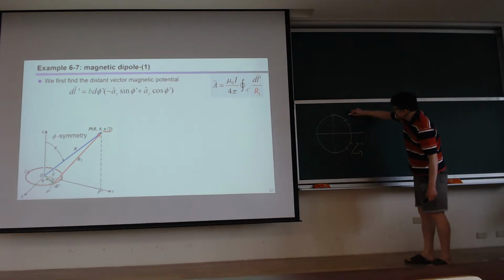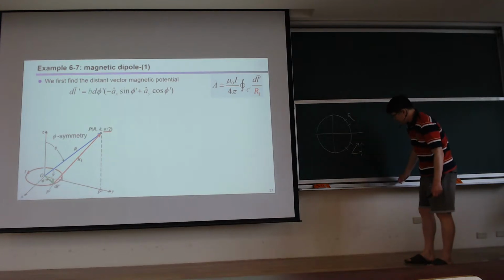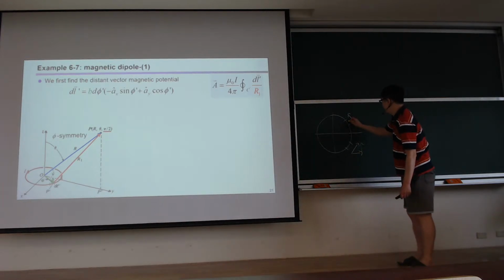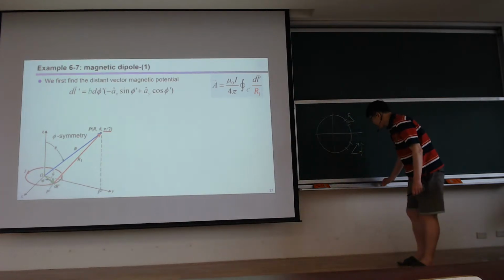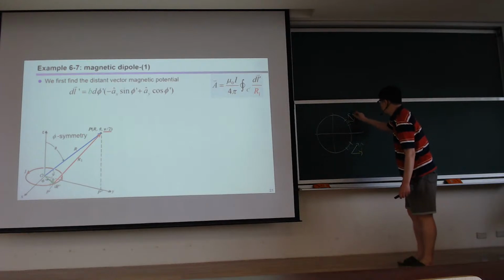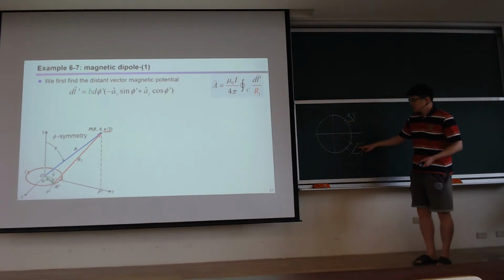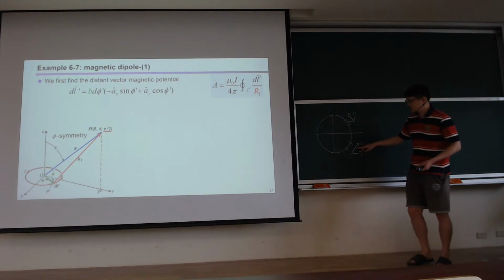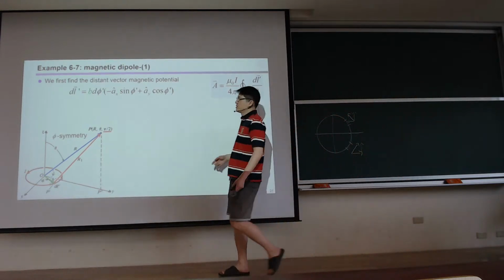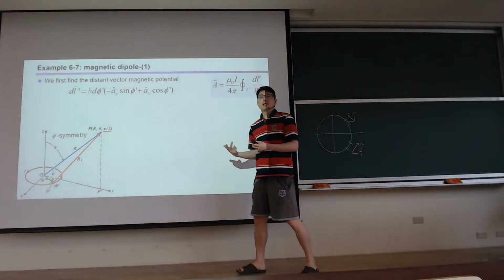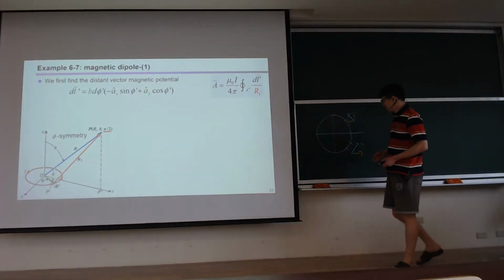Now, if I plot this dl prime, something you notice. This is exactly how I decomposed each dl prime in the phi direction, but as phi changes, x and y component also follows the change of phi prime.